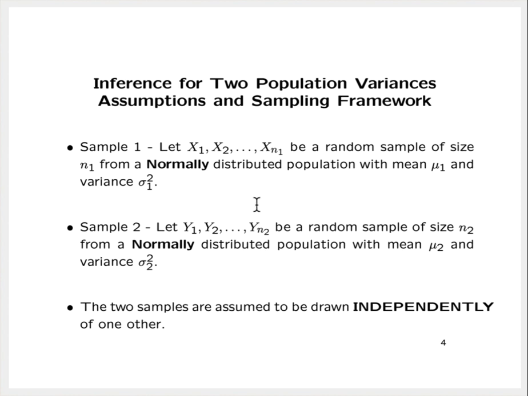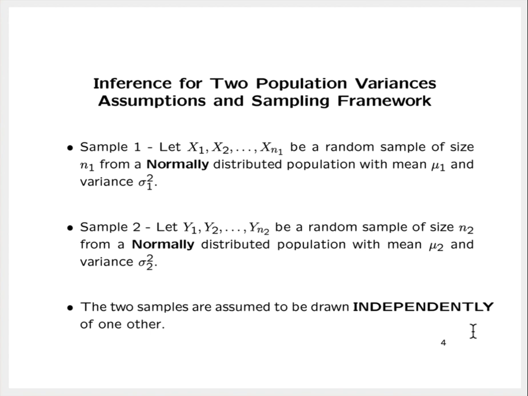Then let's use the letter y to denote the observations in sample 2. And so let y1, y2, and so forth up to y sub n2 be a random sample of size n2 from a normally distributed population with mean mu2 and variance sigma squared sub 2. And then finally, the two samples are assumed to be drawn independently of one another.